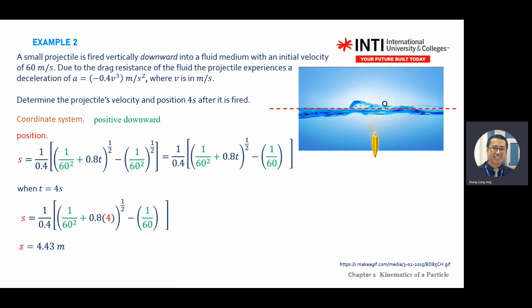For the whole system, is go down negative or positive? Yeah, this bullet goes down, right? We set go down positive or negative? So all the values you get positive, it means it follows your assumption. Everything is positive. Go down is positive, for this example.